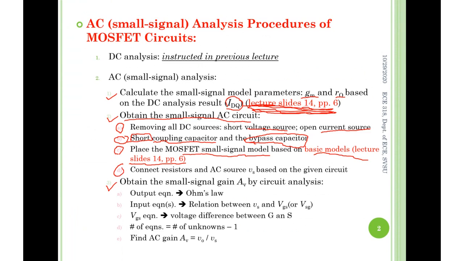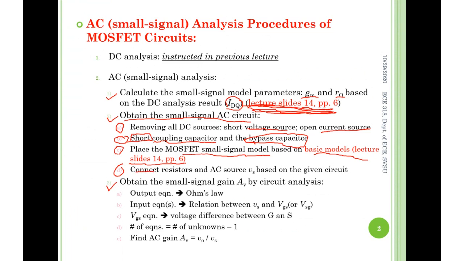Then you connect, or say extend, the circuit terminal by terminal. Remember this rule: terminal by terminal. You are not jumping. Finish one terminal and then go ahead to the next terminal, otherwise it's going to be messed up.